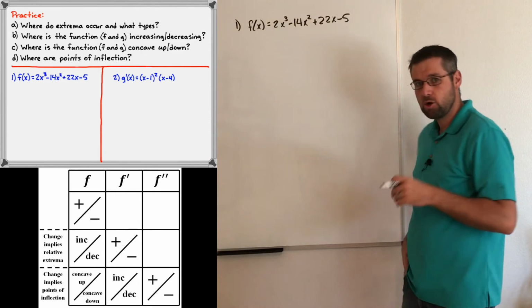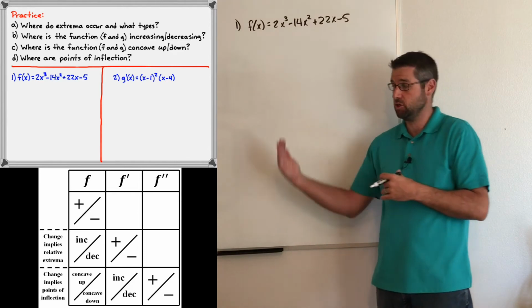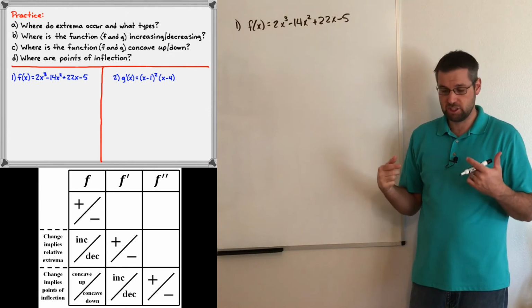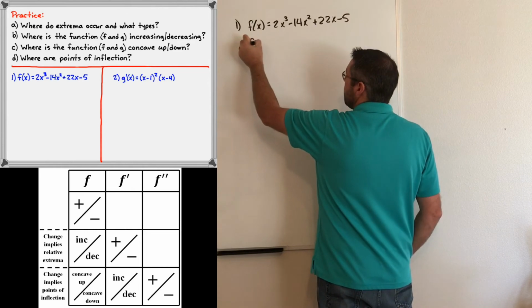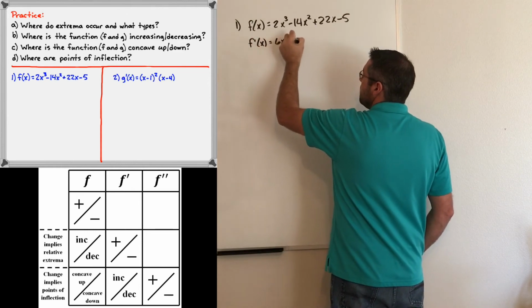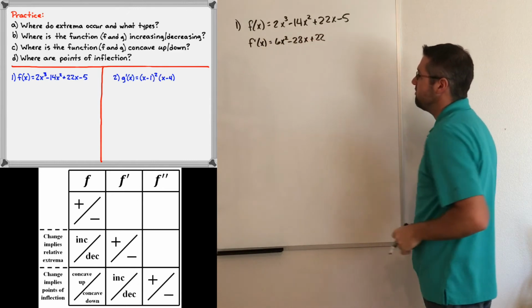Well, extrema occur, according to the chart, when f changes direction, or when f prime changes signs. So we need to take the derivative here. F prime of x is equal to 6x squared minus 28x plus 22. So that's my derivative function.